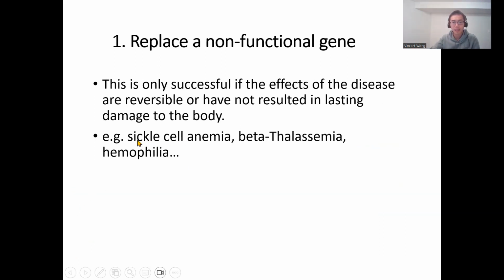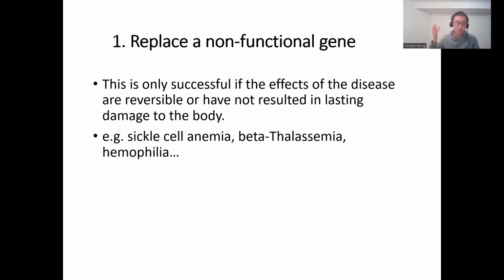Okay, so things like sickle cell anemia, beta thalassemia. This is a nonsense mutation that causes your hemoglobin to be missing a chunk. Hemophilia is a bleeding disorder. For your blood to clot, there are a bunch of clotting factors that need to be working. Okay, and hemophilia, depending on which form, you're missing some of those factors. So when you bleed, you don't stop, and in some cases you have to go to the hospital to stop the bleeding.